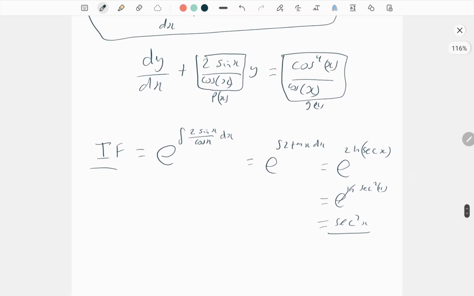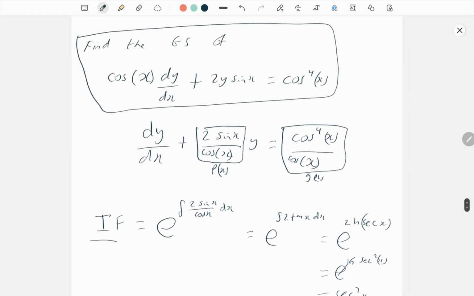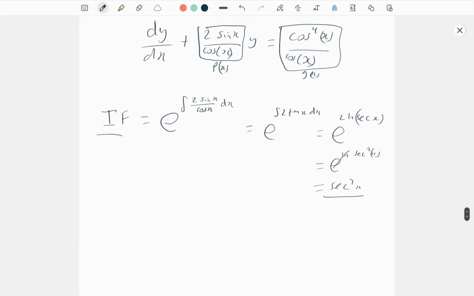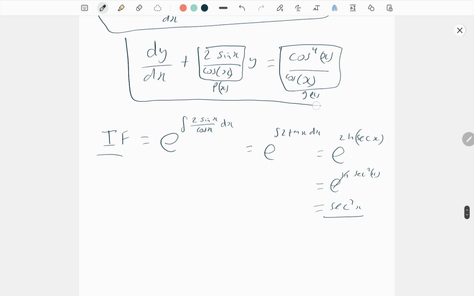So how do we use this integrating factor? We multiply our whole equation, the one in the correct form, by our integrating factor, sec squared.